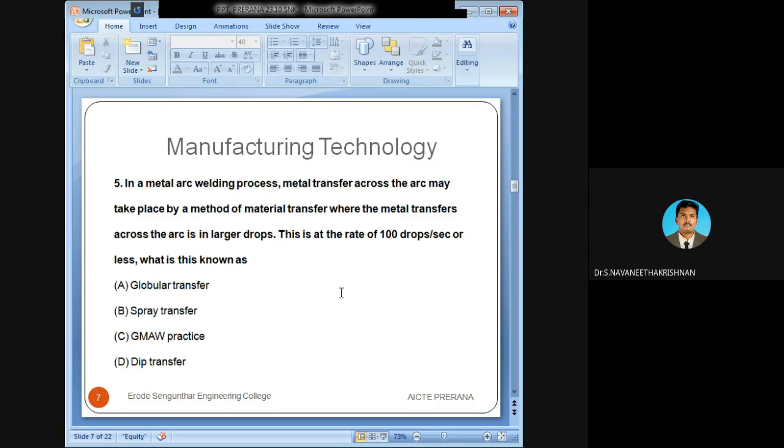The answer D is dip transfer. So tell me the answer. The correct answer is dip transfer.